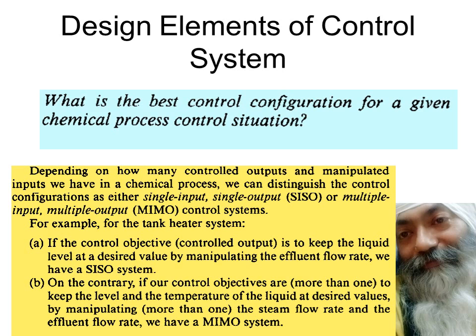This is the first thing we have to take into account as we are going to select the control configuration. There are three more things to go. We will be considering all these three more things one by one.